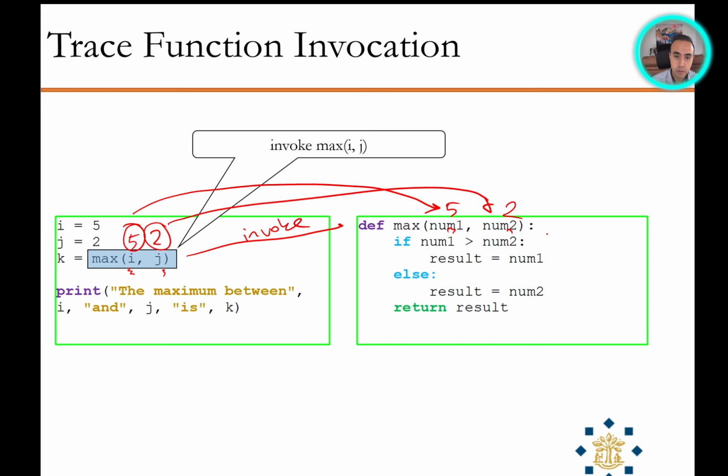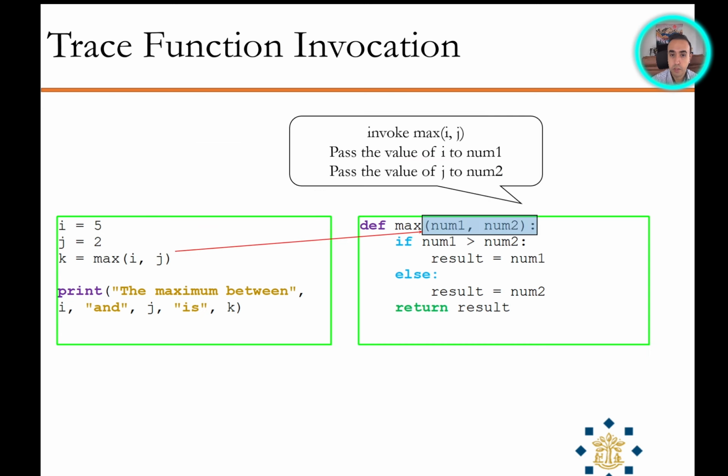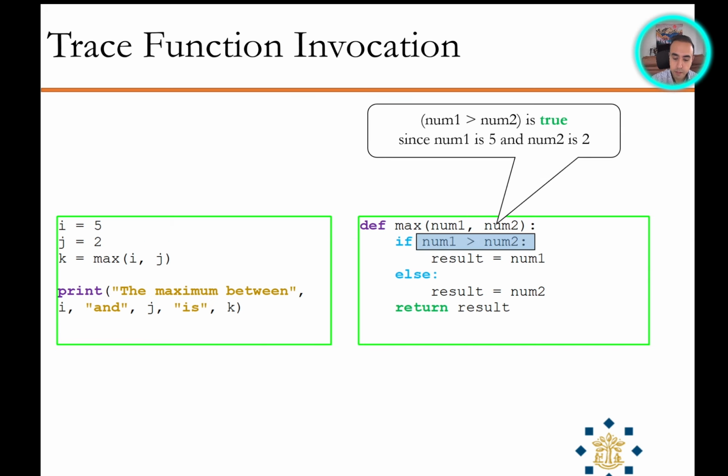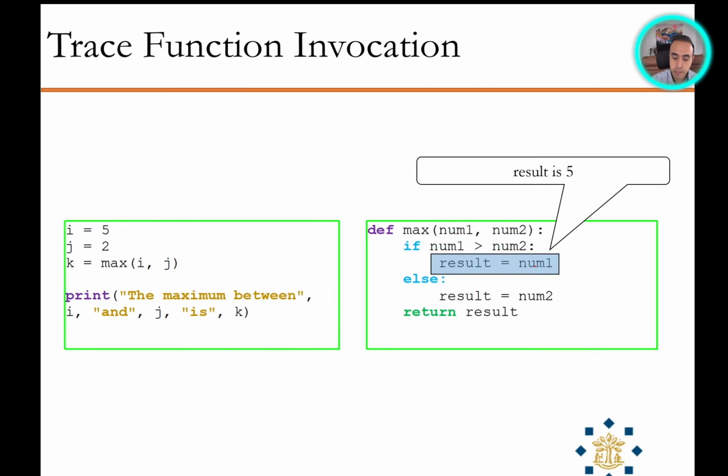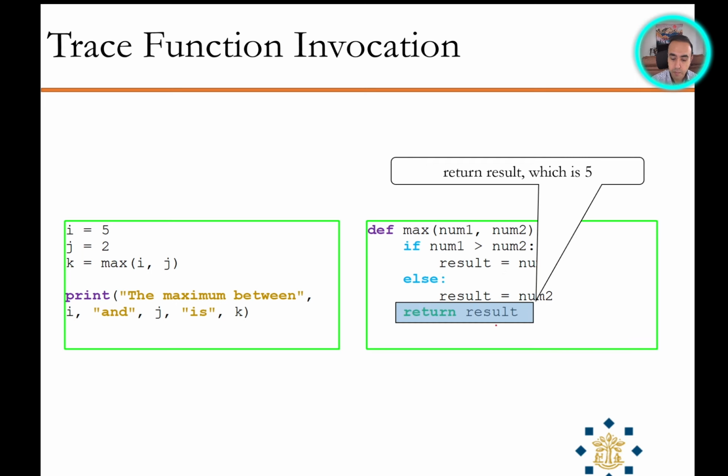And then we go, okay, so now we are inside the function. So we pass the value of i, which is 5, to num1 here, and the value of 2 to num2, okay? We check 5 greater than 2. That is true. And then we are inside the if block, we skip else, okay? Skip this part. So we assign result to num1, which is 5. And then we return 5.